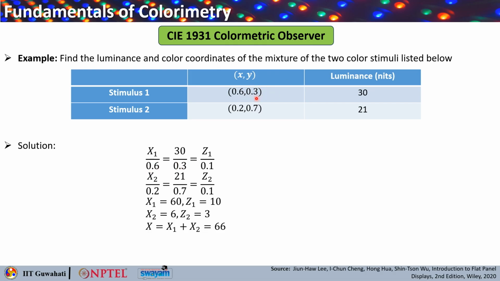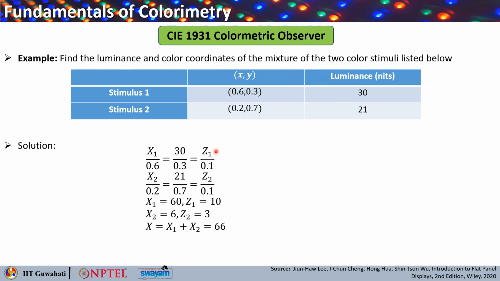Small z is 0.1, because 0.6 and 0.3 add up to 0.9. So, from this you can find out capital X1 and capital Z1.